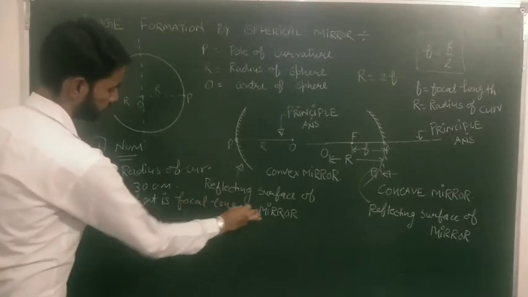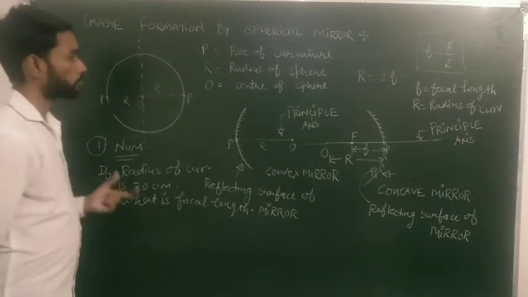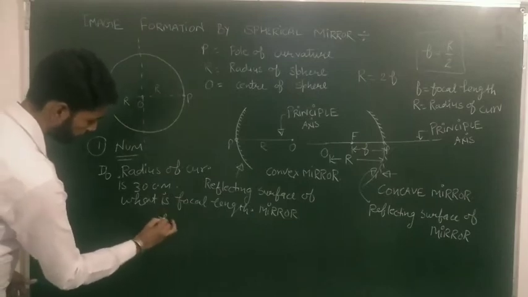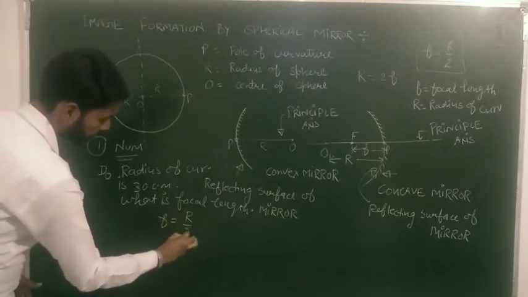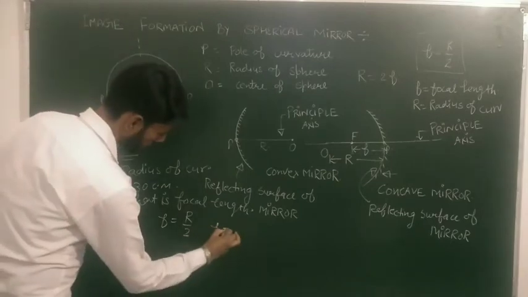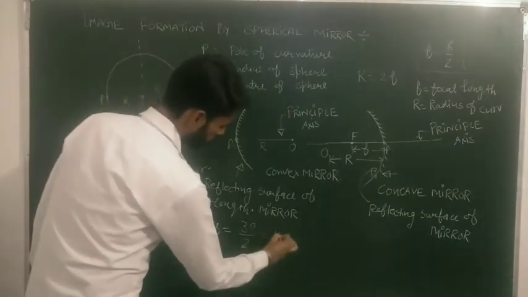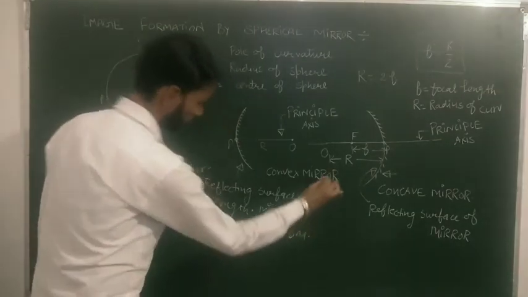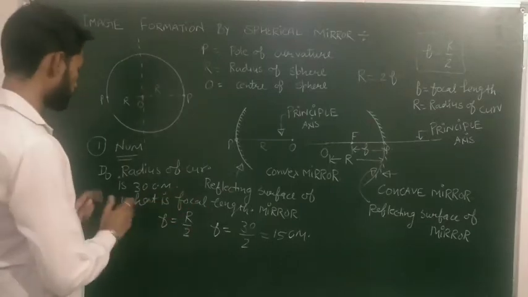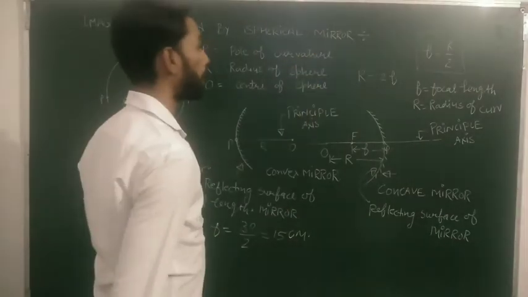By using this relation, what is the relation between F and R? F is equal to R divided by 2. So the focal length is equal to 30 centimeter divided by 2, which is 15 centimeter. We use this formula to solve this type of numerical.